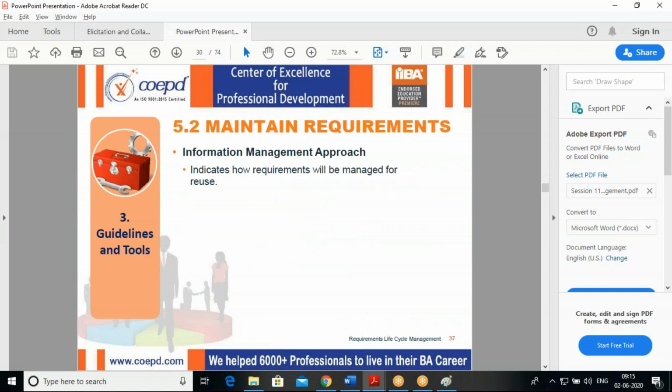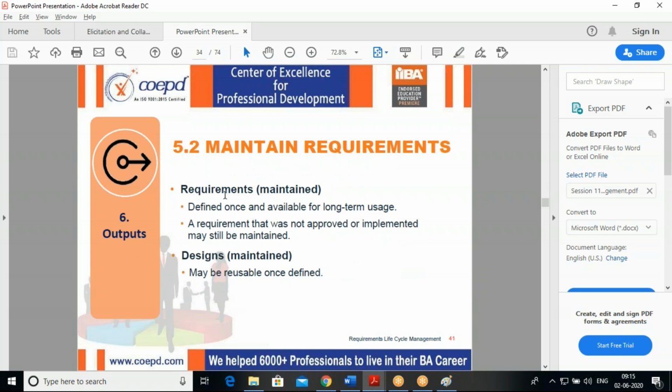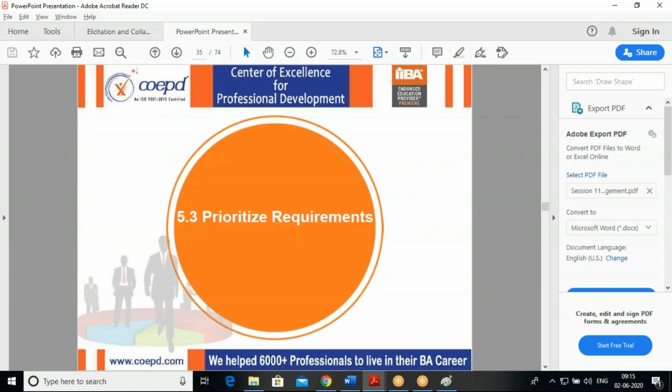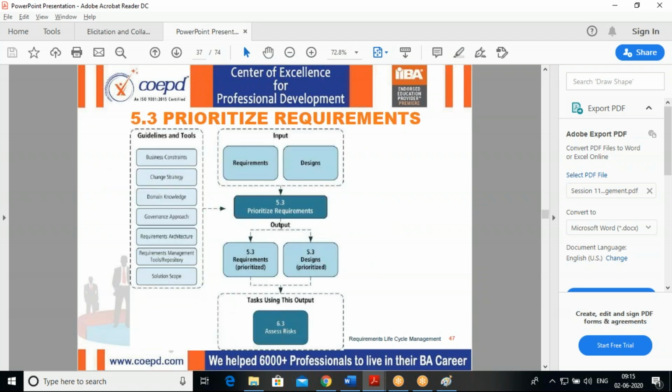And information management, that is this, and the output, if you see, so requirements maintained and design maintained. Here I want you to think from those perspectives and start writing things here, and then prioritize the requirements. So what is in prioritizing the requirements? We have to understand what we can prioritize here.